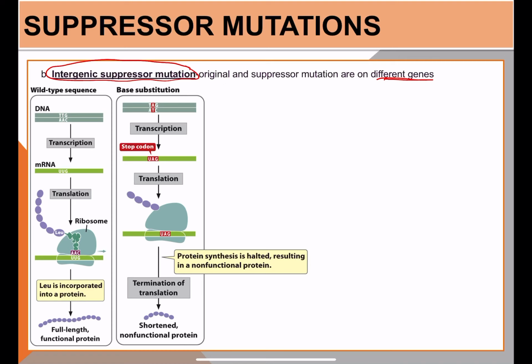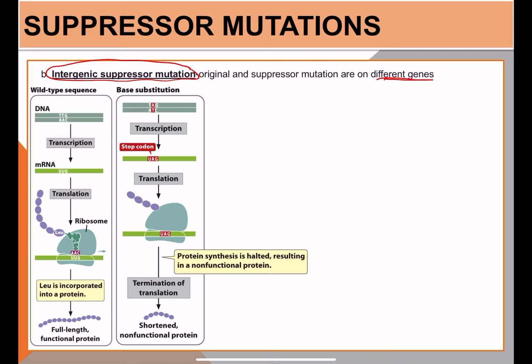Intergenic suppressor mutation, you're talking about somewhere else in your genome, okay, that can affect the mutation's phenotype. Okay, so your original and suppressor mutations are on different genes or sometimes even on different RNA molecules, which is what this particular example in the diagram is trying to illustrate.